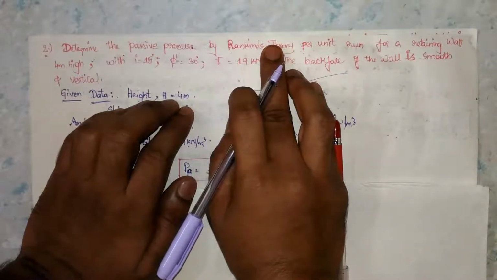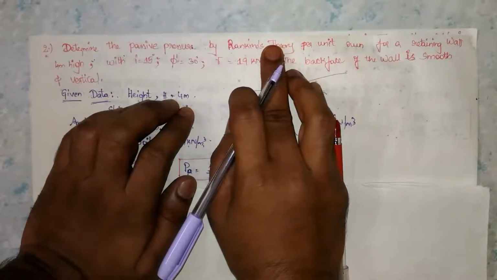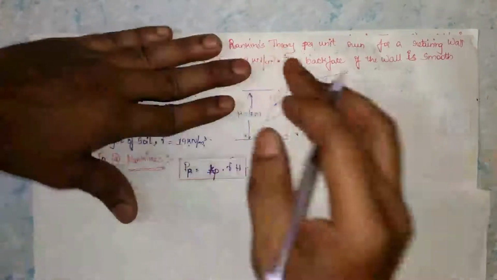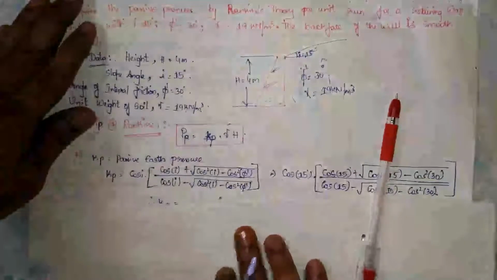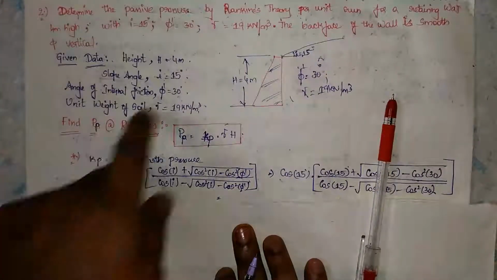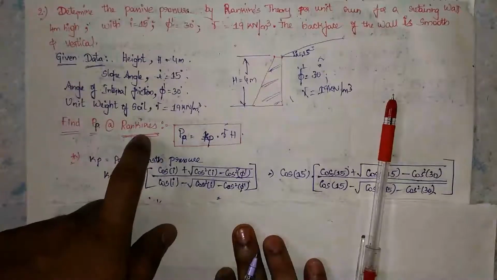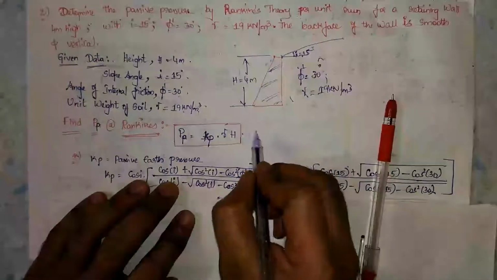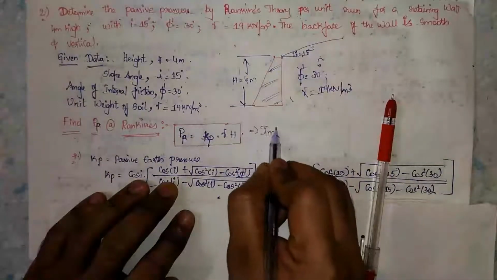If he presented a cohesive soil, we have to use the cohesive soil conditions of Rankine's theory. So for this one, the inclined surface form.